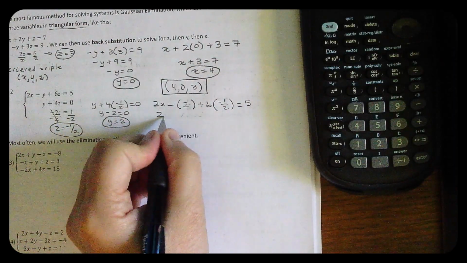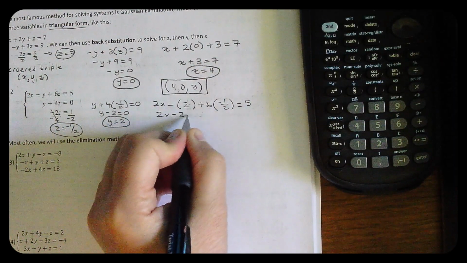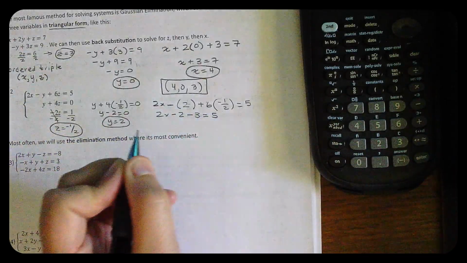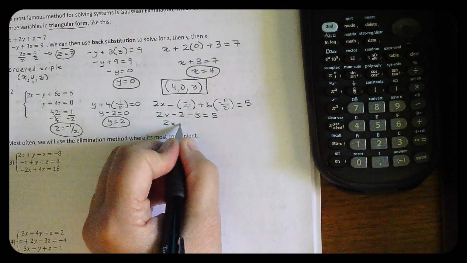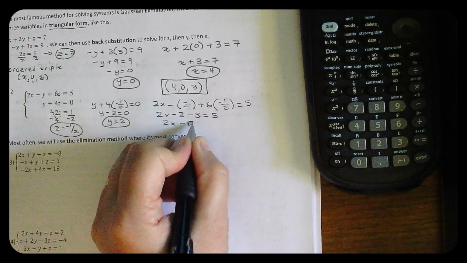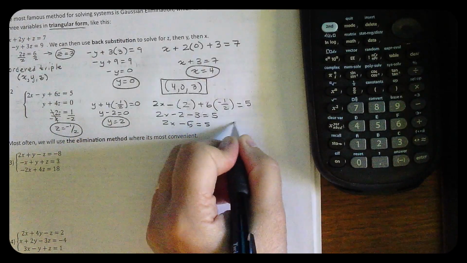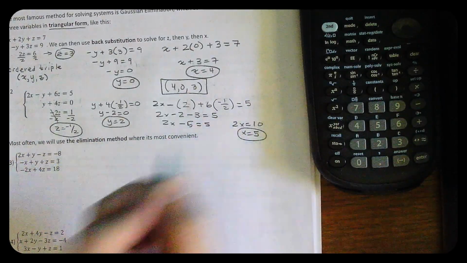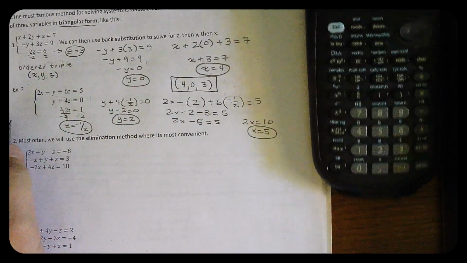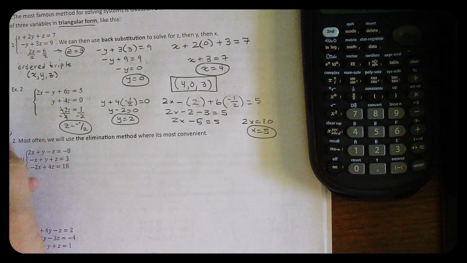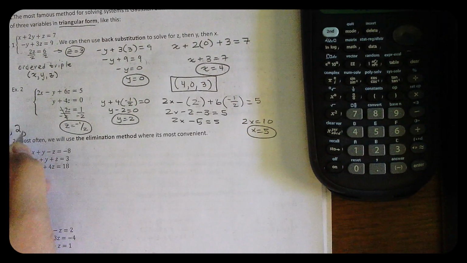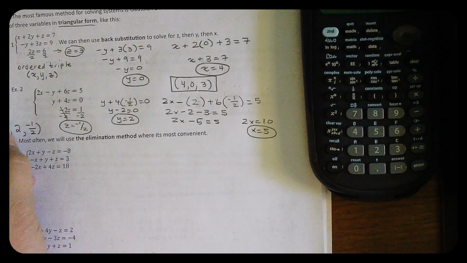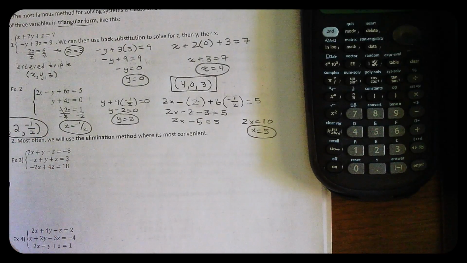So that gives me 2x minus 2 minus 3 equals 5. So that gives me 2x minus 5 is equal to 5. So that gives me 2x is equal to 10 and x is equal to 5. So the ordered triple here would be x is 5, comma, y is 2, comma, z is negative 1/2, in parentheses. So that's your ordered triple there.